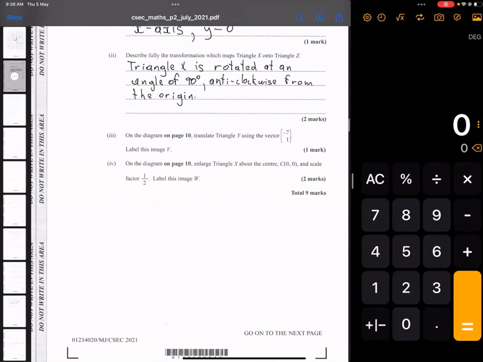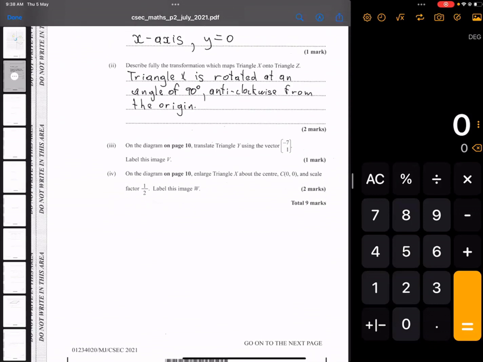So moving on to part 3, on the diagram on page 10, translate triangle Y using the vector -7, 1. Label this image V. Alright, so we're going to do a little bit of a translation. It's pretty simple.